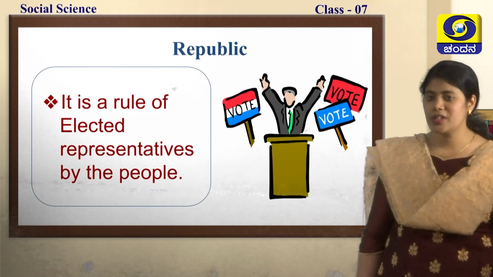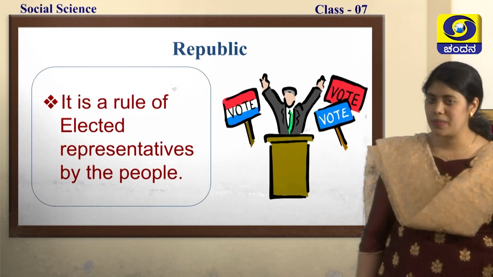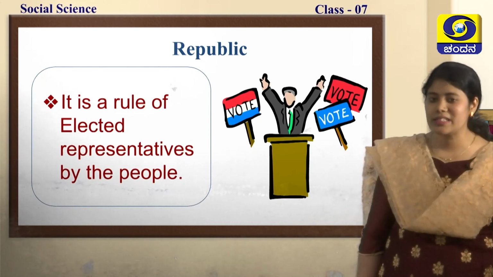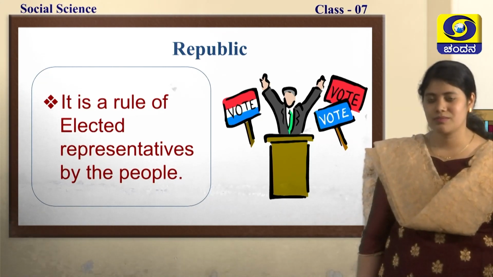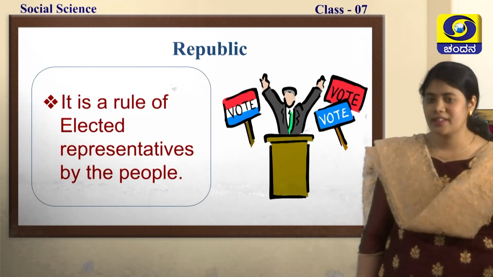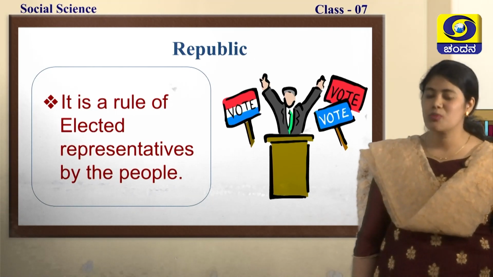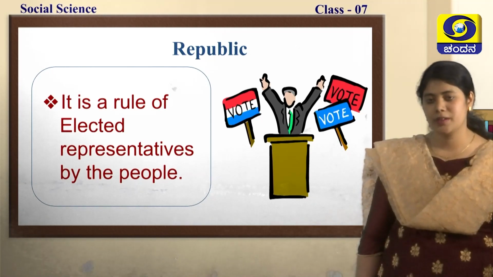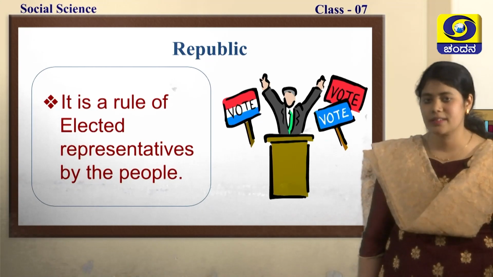Okay. So, here who is the ruler? The people are the rulers. How are they ruling? By electing the representatives. Understood students? So, it is a rule of elected representatives by the people. Understood? Have any doubts here? Shall we move to the next slide?